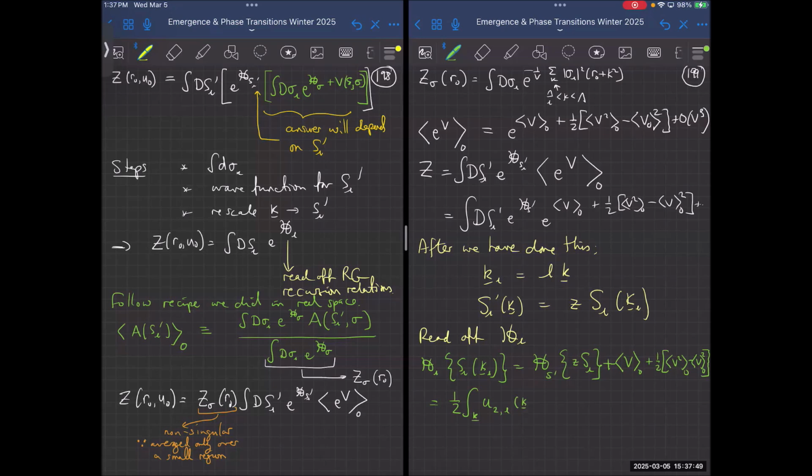It's going to depend upon the k variable, and then it's going to go as L S_L of k squared. Then there's going to be a term which looks like this: u4L, the coefficient of the quartic term. Just as you were saying, it may involve factors of k. So I'm writing all of these coefficients with factors of k in them.